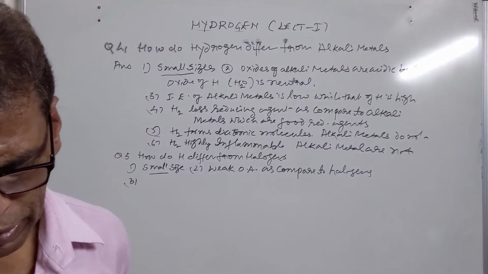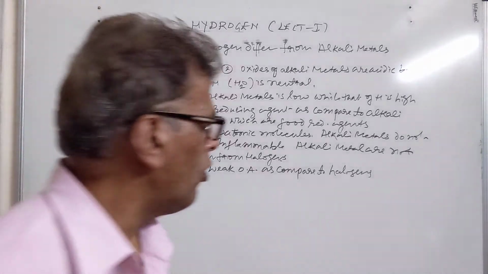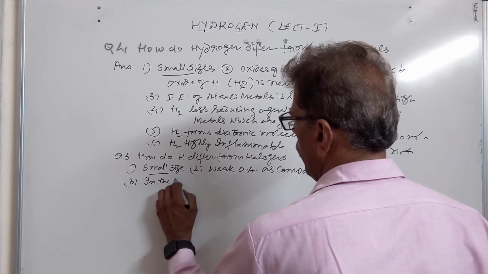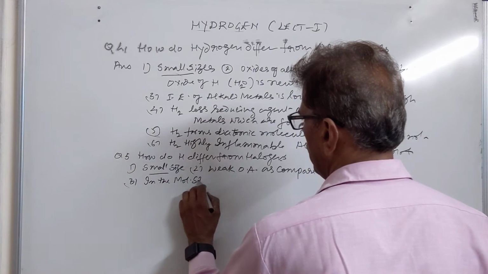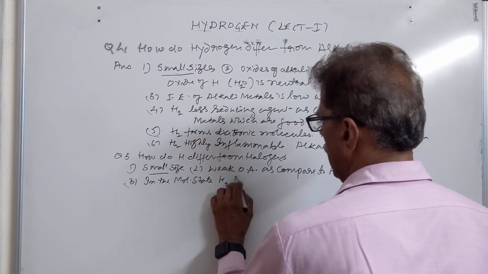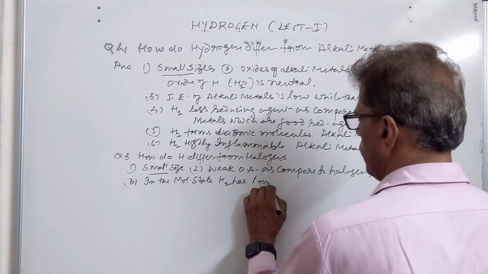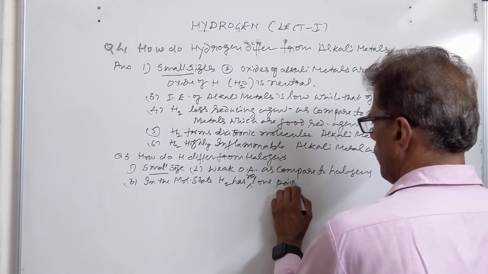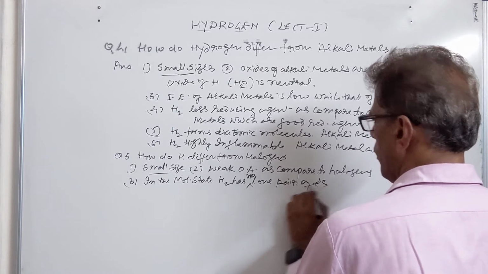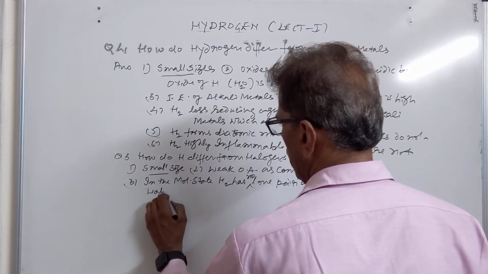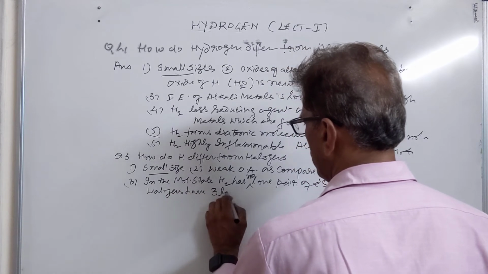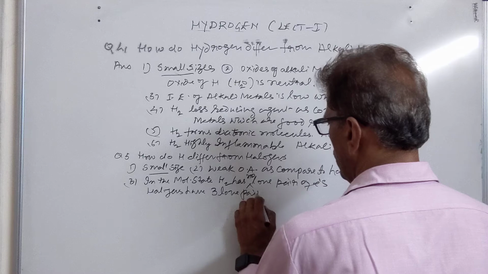Then in the atomic state and in the molecular state, hydrogen has no lone pair of electrons. Halogens have lone pairs. Halogens have 3 lone pairs each.